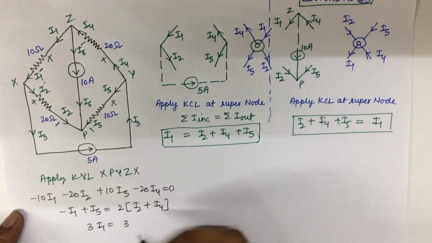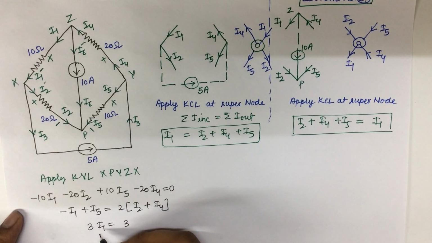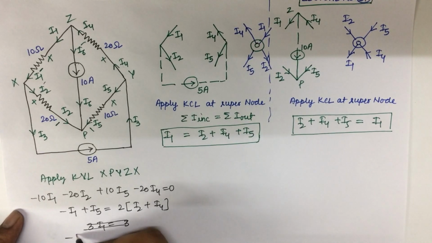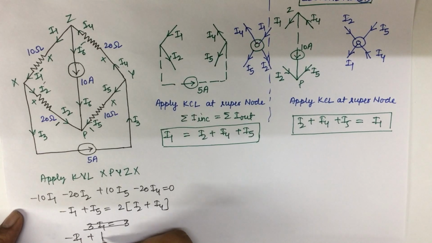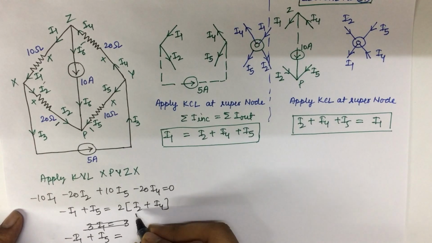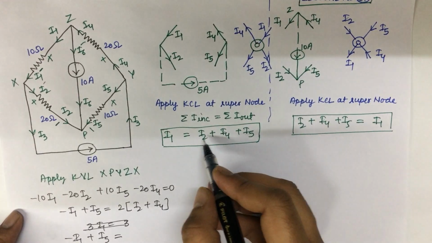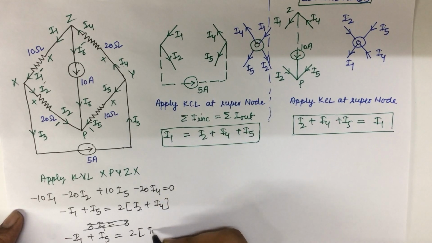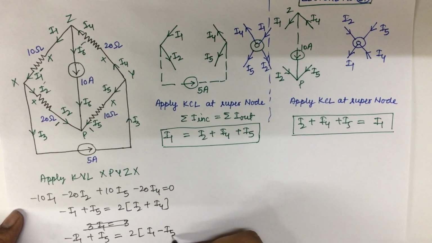So I2 plus I4 we can write as twice of I1 minus I5.